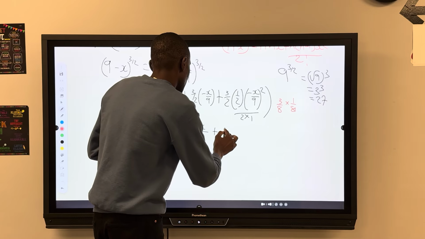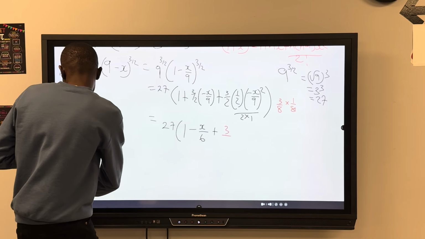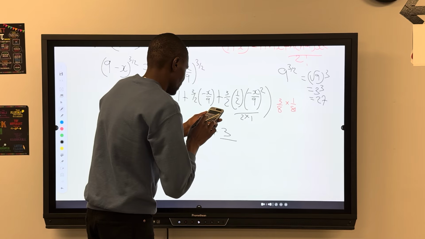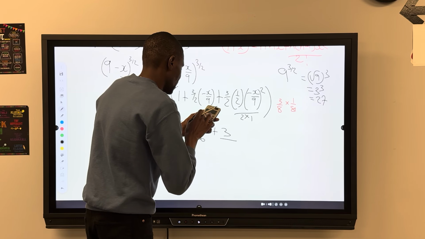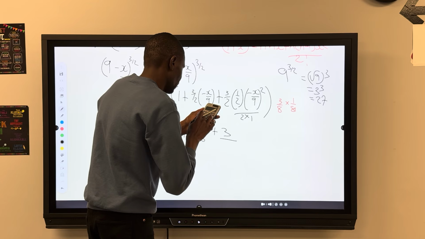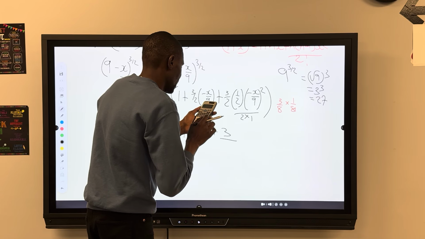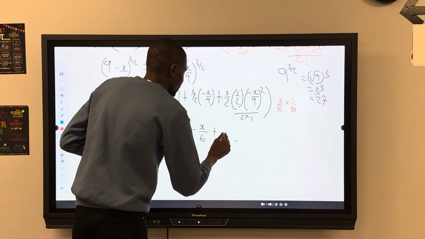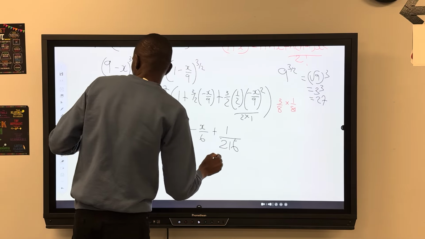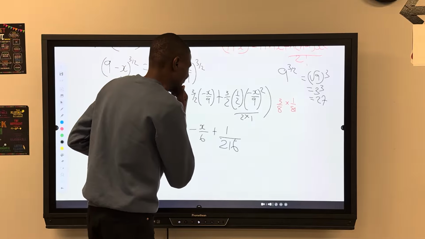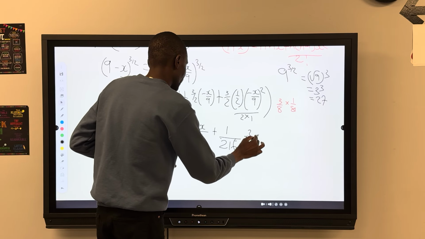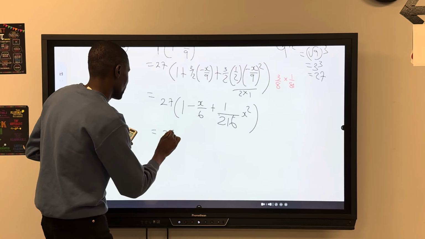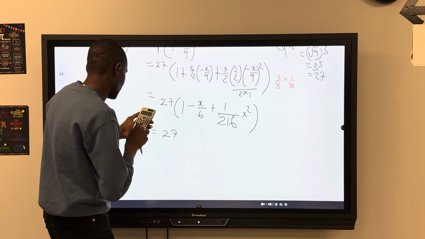It's going to be plus 3 divided by 81 times 8. So it's going to be 1 over 216. So here it's 1 over 216 x squared. So if we plug in 27, this becomes 27.